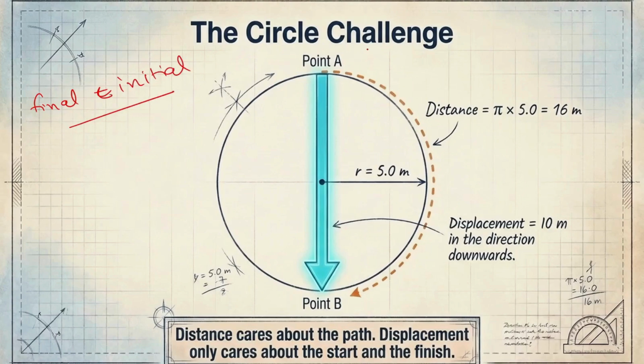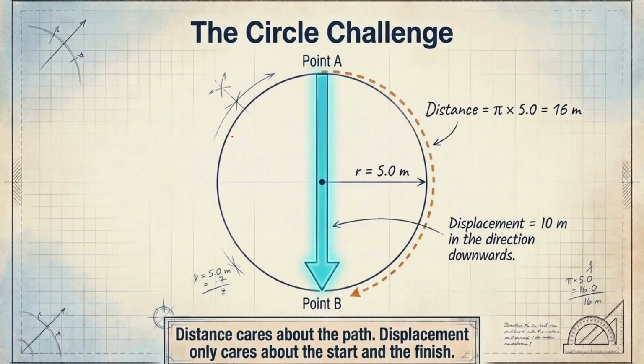So in this case, the final point is B and the initial point is A. So you have to just take the minimum distance between the 2 points. So the minimum distance between these 2 points is along the diameter of the circle.